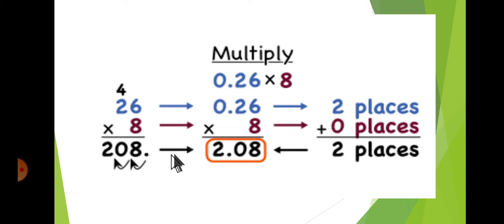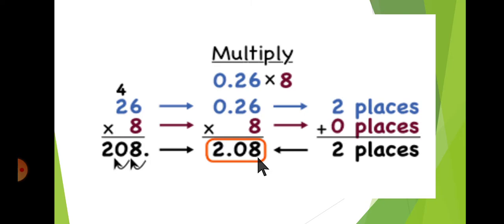Then what to do? You just see the decimal places. In the first number the decimal places are 2, so decimal places is 2, and in the whole number there are no decimal places, it means 0. So the total number of decimal places is 2.